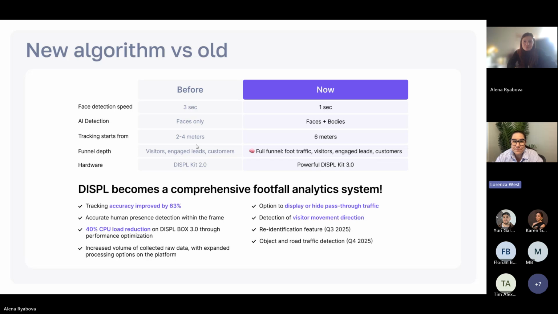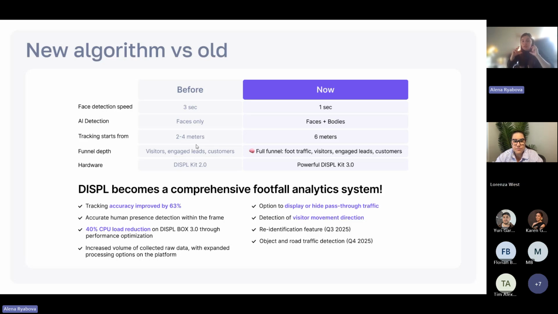quite impactful. Yeah, and when we are talking about traffic that is moving fast, not just standing there, 2 seconds makes the difference. And when we are talking about 2 to 4 meters and 6 meters, it's the same thing Lorenzo said before.